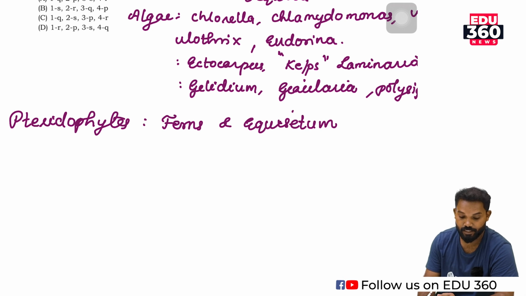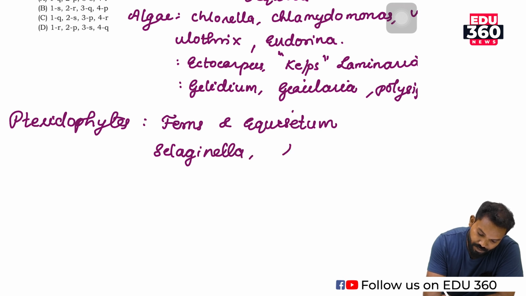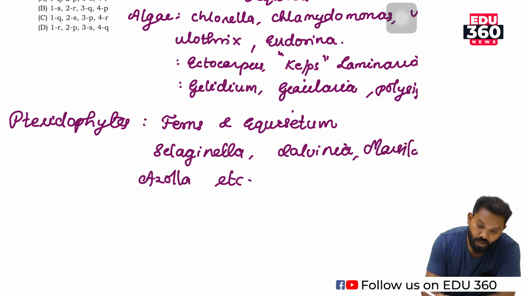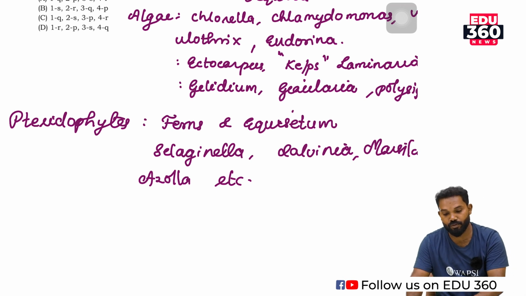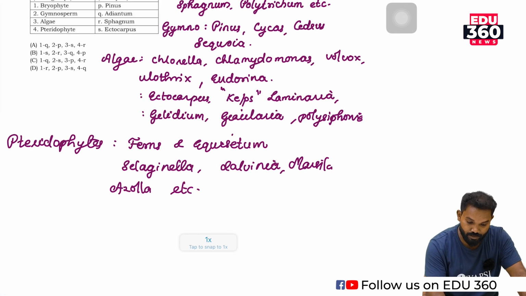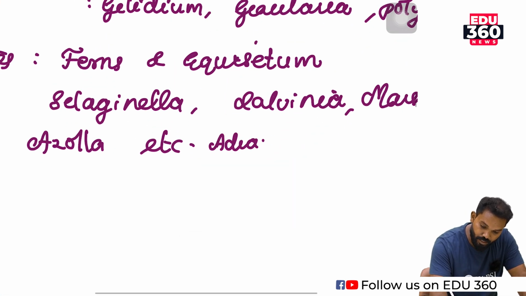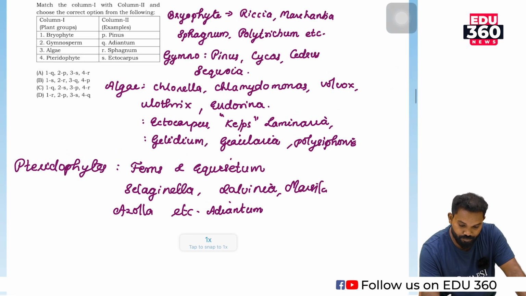Then Equisetum, Selaginella, Salvinia, Marsilea, Azolla, etc. Ophioglossum, which has the maximum number of chromosomes, comes under pteridophyte. Adiantum, generally known as walking fern.